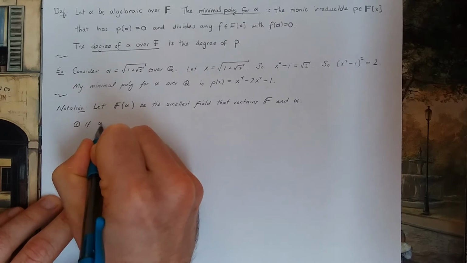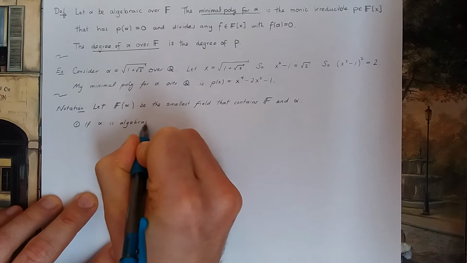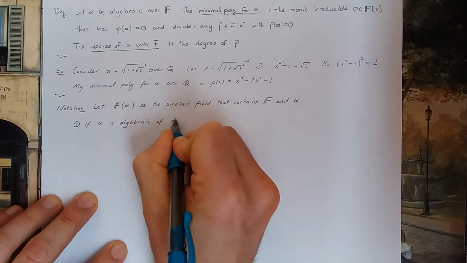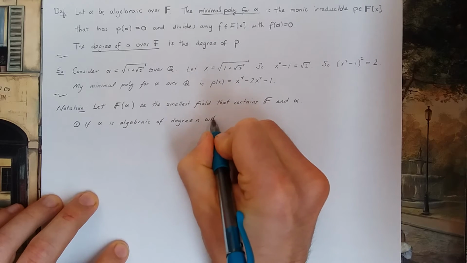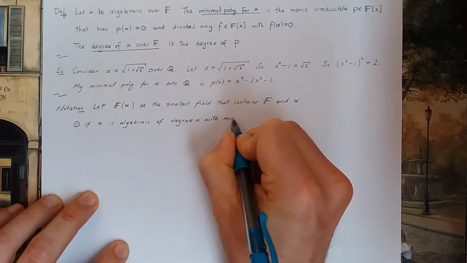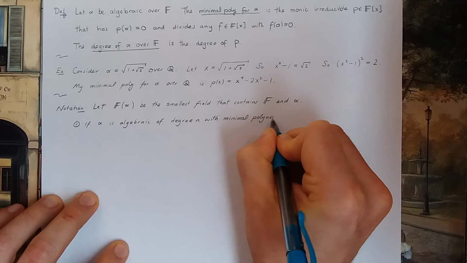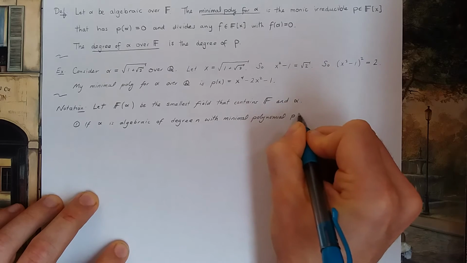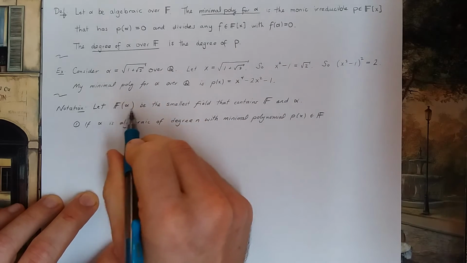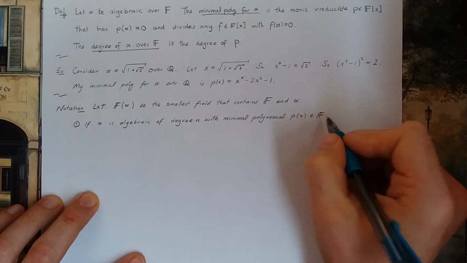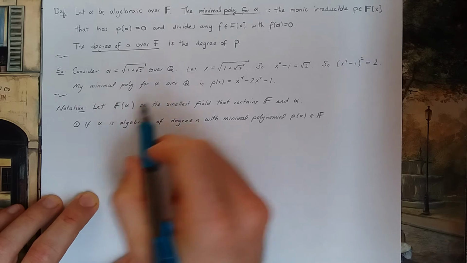If alpha is algebraic of degree n with minimal polynomial p, then I kind of know what this field is already from our previous discussions on field extensions.